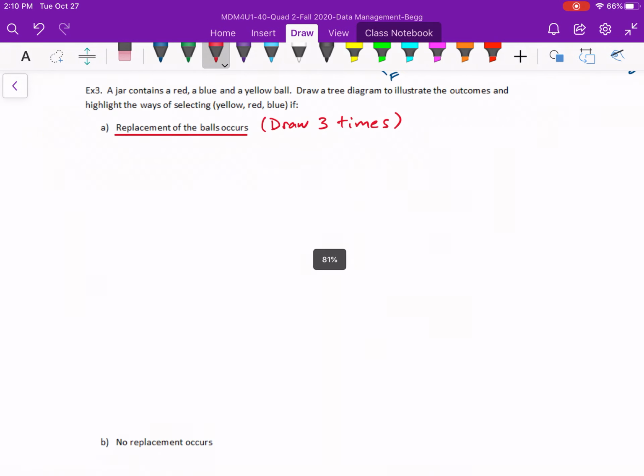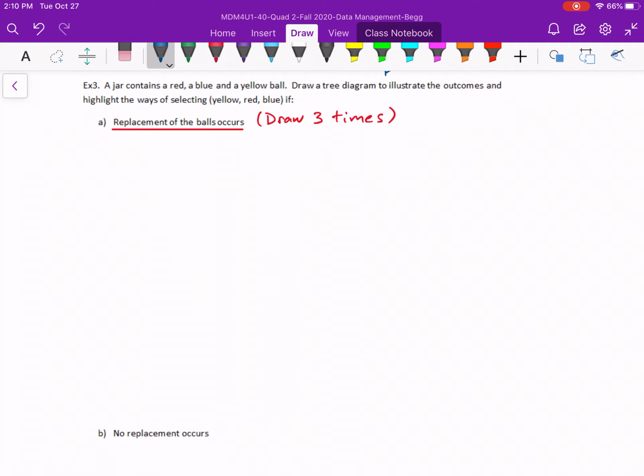All right, so if replacement occurs, then on our first draw, we could have red, let's do it in the order given, red, blue, yellow. And then for whatever I get, if I get red or blue or yellow, I put that ball back in, which by the way makes this situation independent.